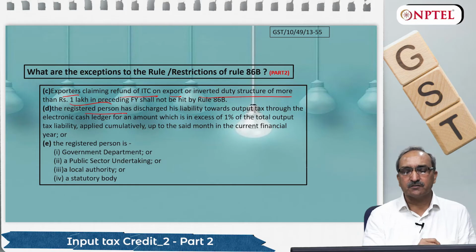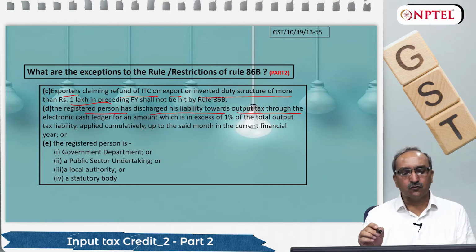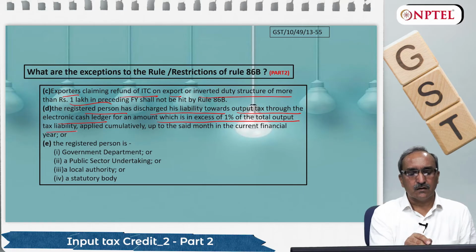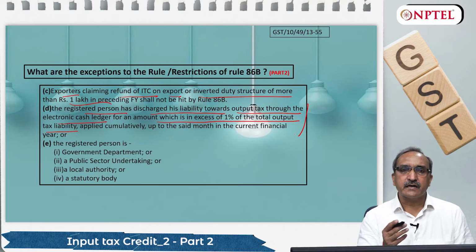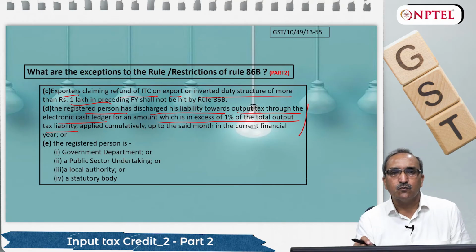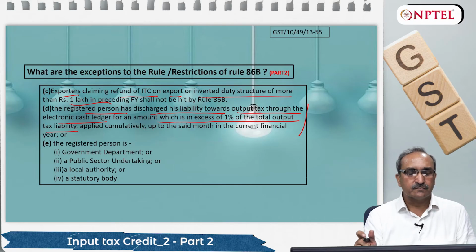Further, if a registered person has discharged his tax liability towards outward tax through the electronic cash ledger for an amount which is in excess of 1% of the total, that is another condition. If you are meeting this condition, then again this Rule 86B is not applicable to you.